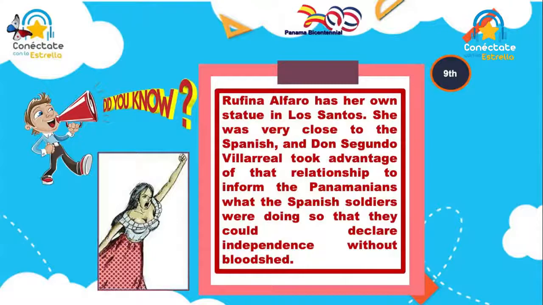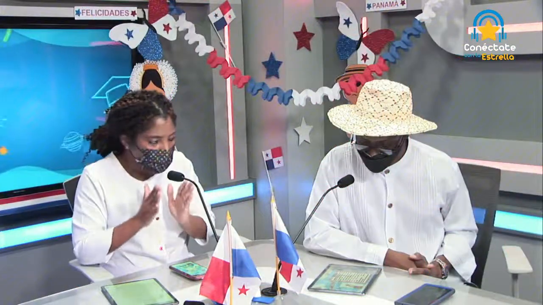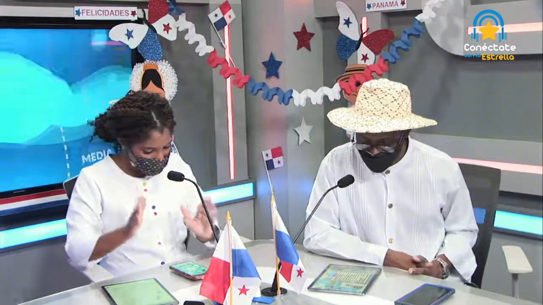She was very close to the Spanish, and Don Segundo Villarreal took advantage of that relationship to inform the Panamanians what the Spanish soldiers were doing so they could declare independence without bloodshed. That's one of the most important things, because other wars always involve people fighting and a lot of death. But this independence of ours was without bloodshed. Good job. Great, amazing.